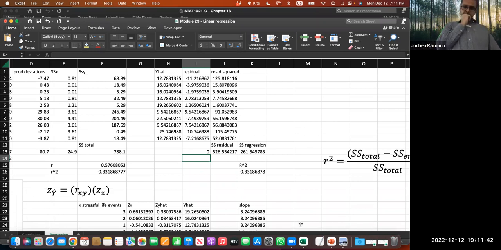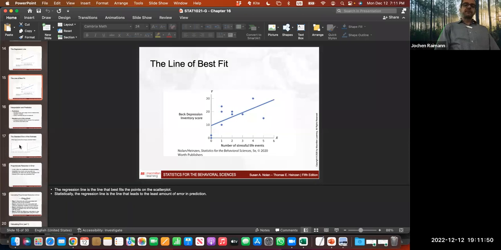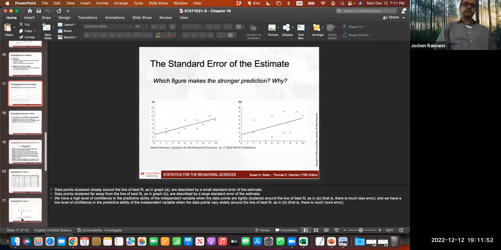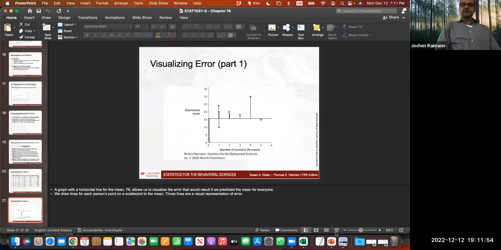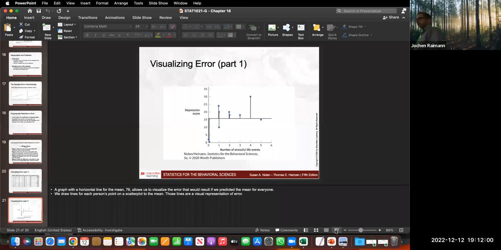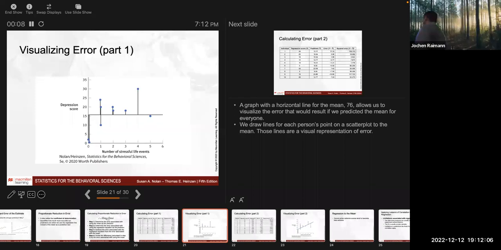What else is important about this? The residuals actually can also be visualized in many situations. So you basically have two forms of residuals. One is the residual from the actual mean. So this is our 15.7 mean of the dependent variable, and these are just the residuals.